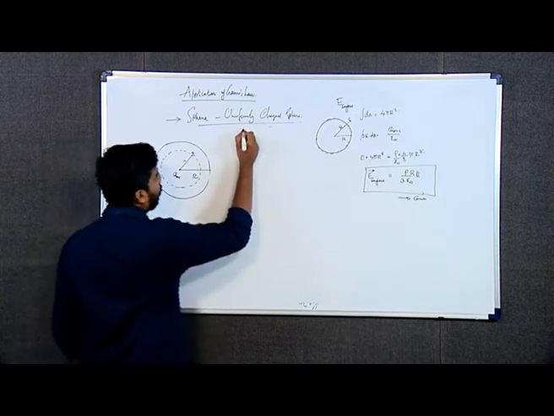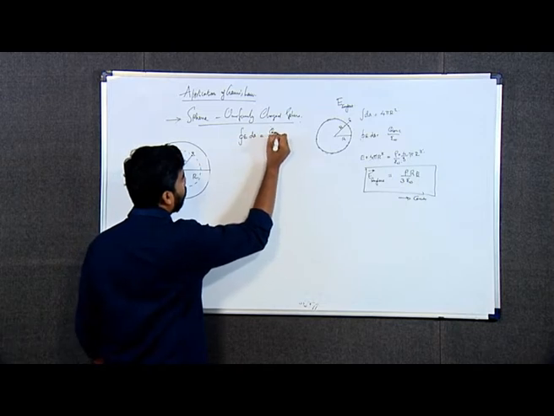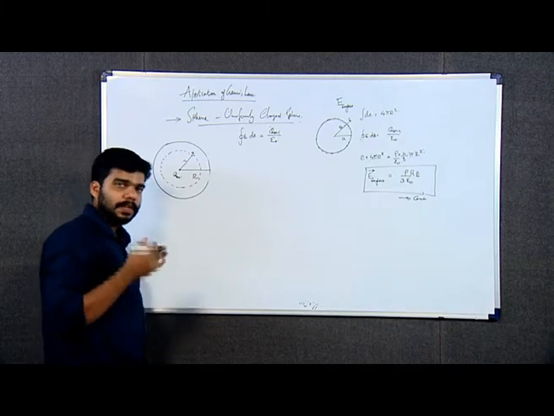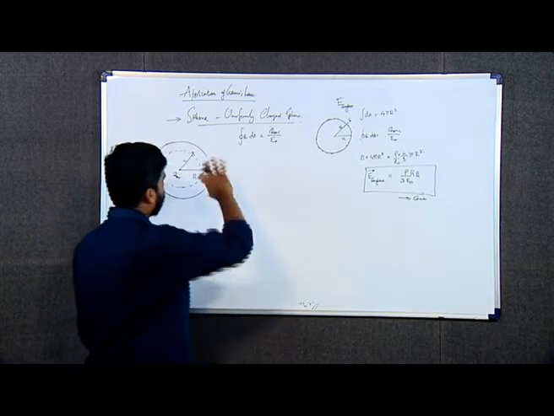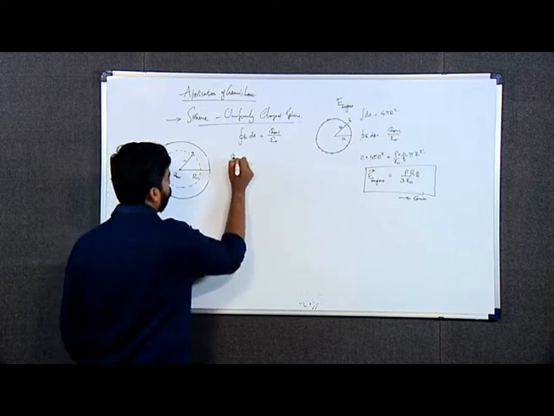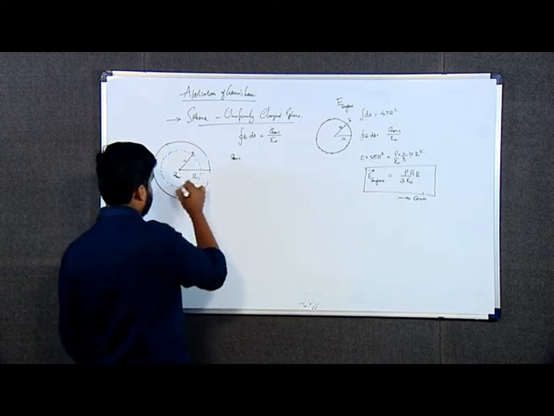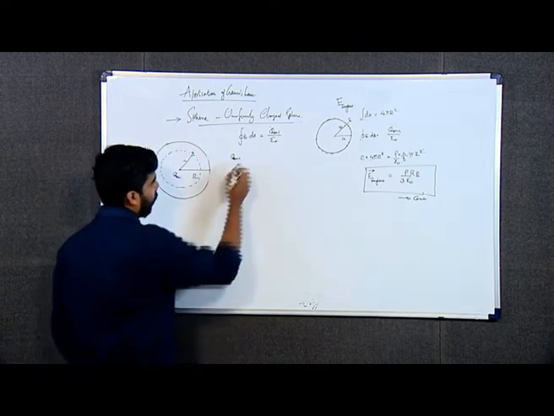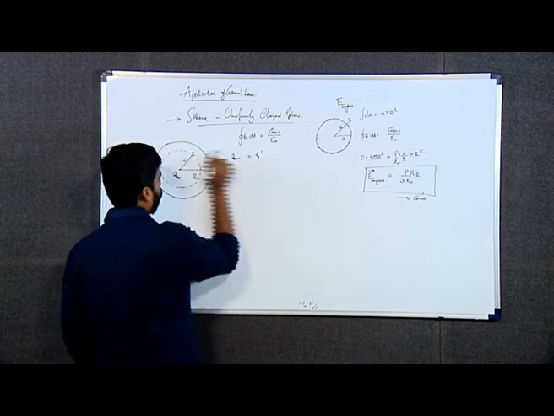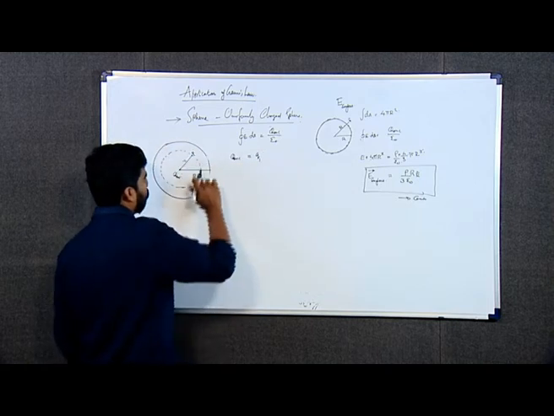Gauss's law says that closed integral E dot dA is equal to Q enclosed by epsilon 0. So I should find out what Q enclosed is. Since it is a uniformly charged sphere, the enclosed charge I name as Q dash, or Q1, which is due to this inside space.